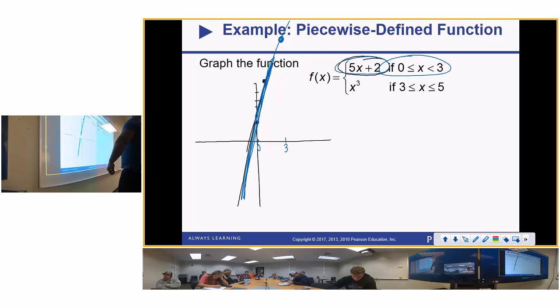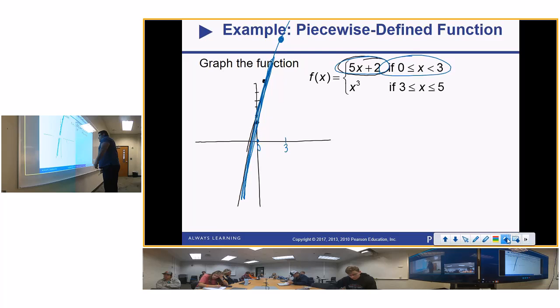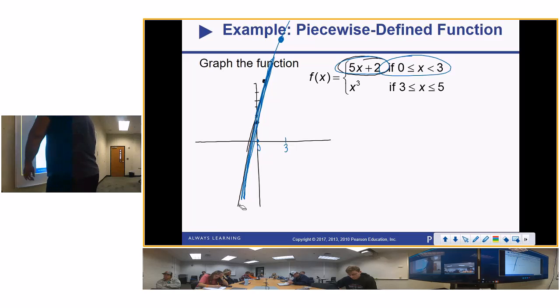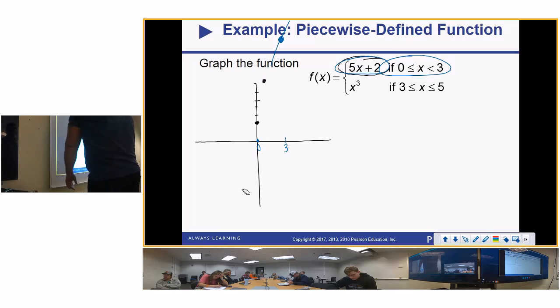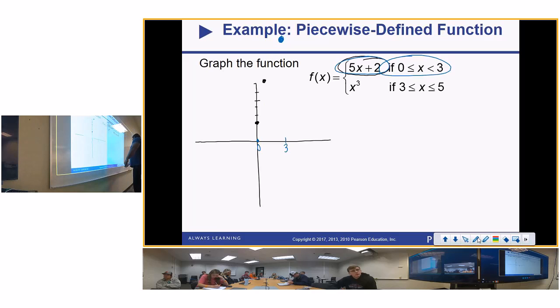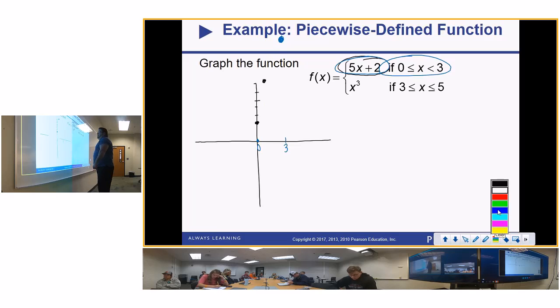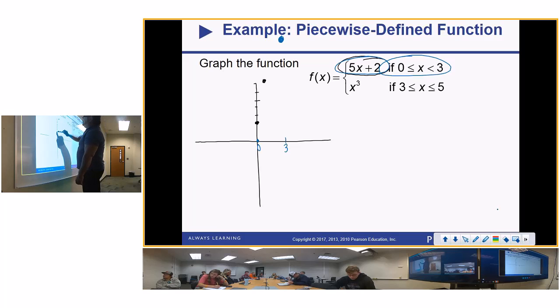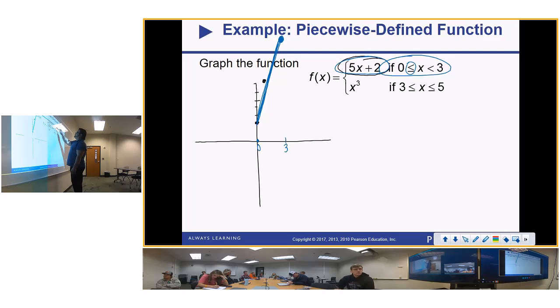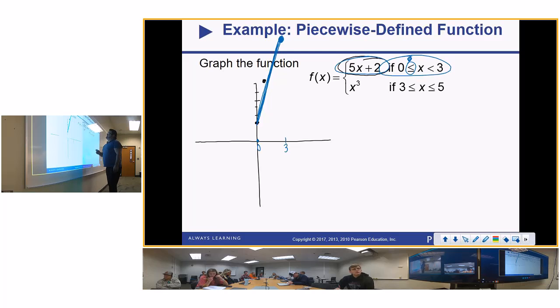Okay, well, I'm going to get there. Just give me time. All right, so I'm going to erase everything having to do with that line and redraw my line from 0 to 3, so there is my blue line. Now, as you said, I have a closed circle at the 0.